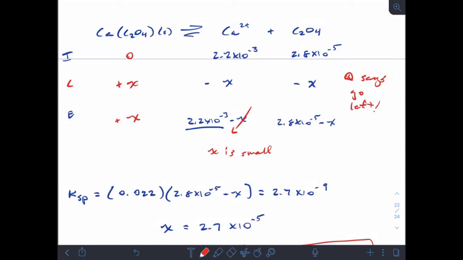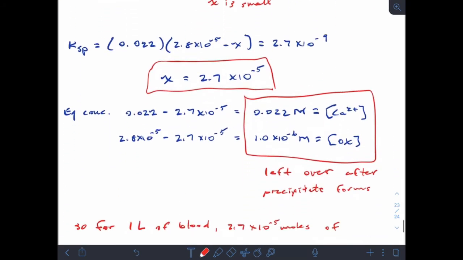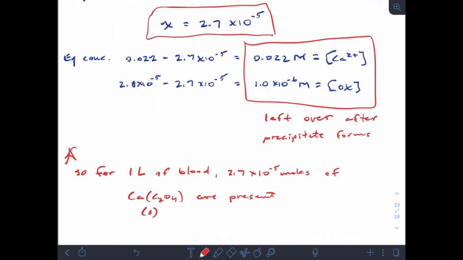Right, so this is how I know how much solid will form, because x is the amount of solid, in molarity. So that's how I can take x equals 2.7 times 10 to the minus 5 molar and make this statement. Okay?